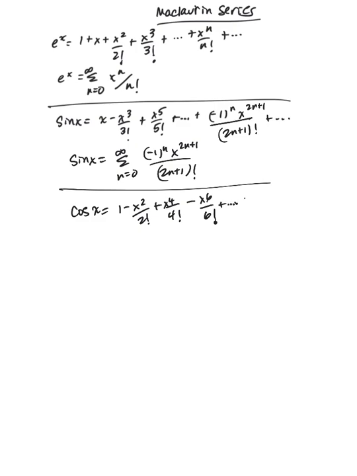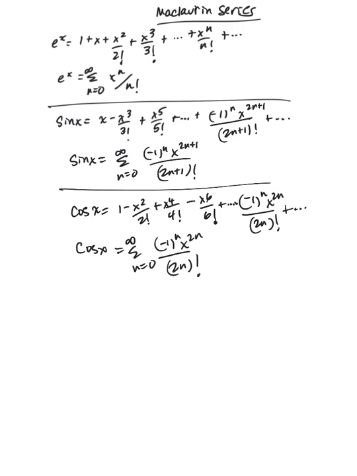So the general term is negative 1 to the n, x to the 2n over 2n factorial. This is if it's indexed at 0. So cosine x is the sum from 0 to infinity of negative 1 to the n, x to the 2n over the quantity 2n factorial.